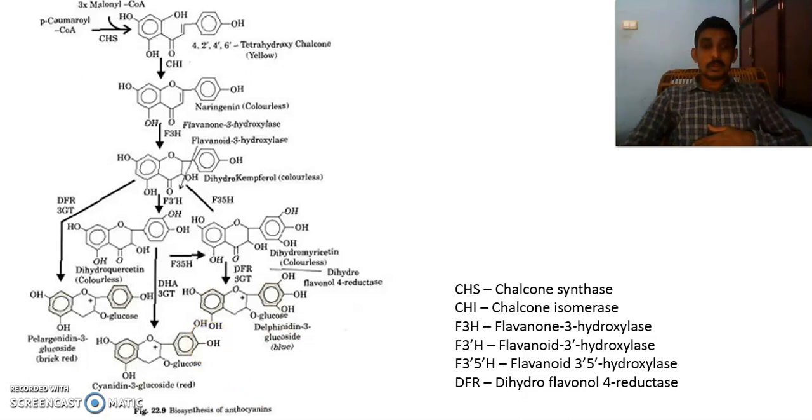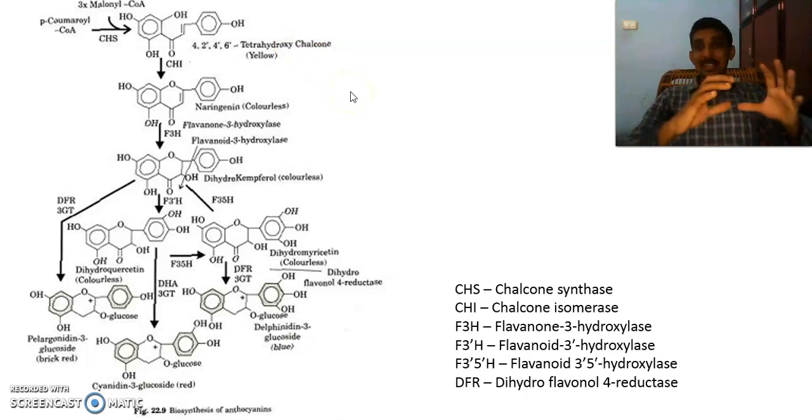Here at the bottom portion you can see brick red colored pigment, like red colored cyanidin 3 glucoside, and blue colored delphinidin glucoside, and the enzymes dihydroflavanol reductase, chalcone synthase, flavanone 3-hydroxylase, flavonoid 3-hydroxylase.